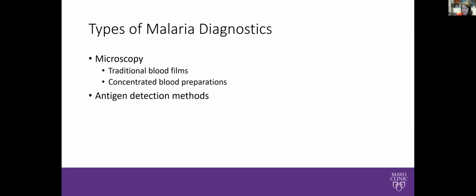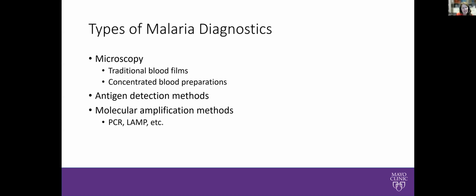There are antigen detection methods, and those are increasingly used around the world. In fact, they've become one of the primary methods recommended by the World Health Organization in the control, elimination, and potentially eradication of malaria someday in the future. There are molecular amplification methods. They have a role, although they are more limited in their distribution.